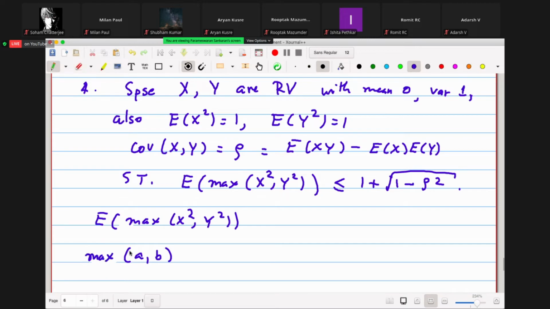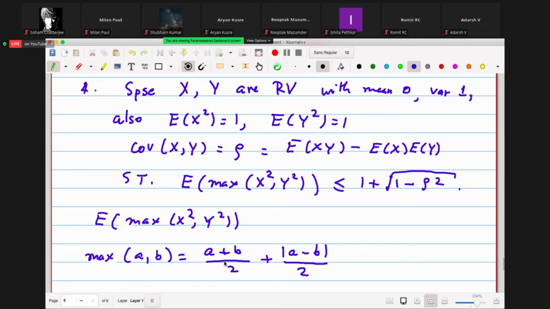Maximum of a and b is a plus b by 2 plus absolute value of a minus b by 2. Let us do this very quickly. Is it clear?